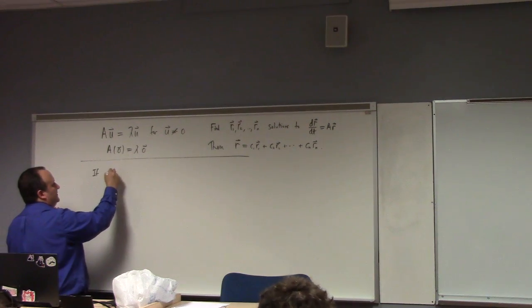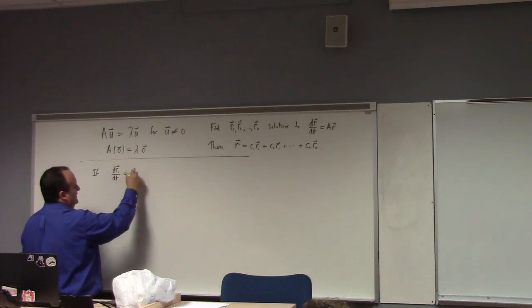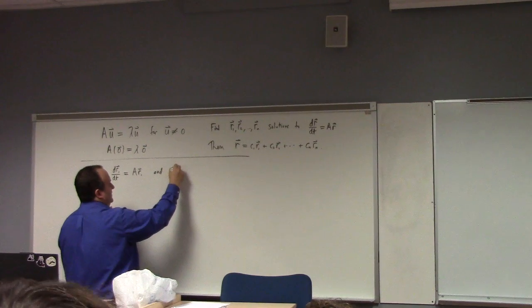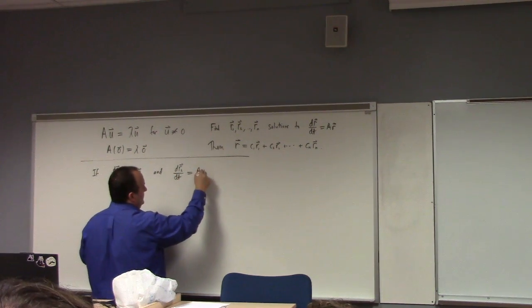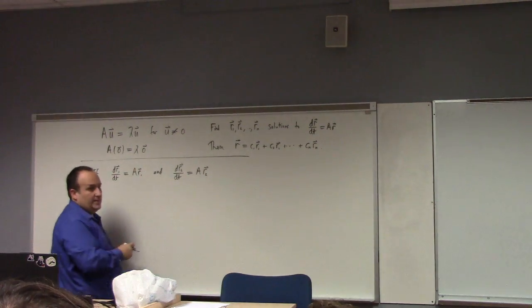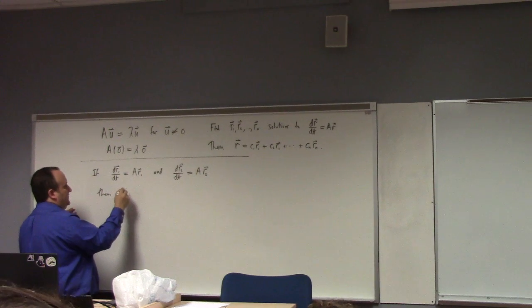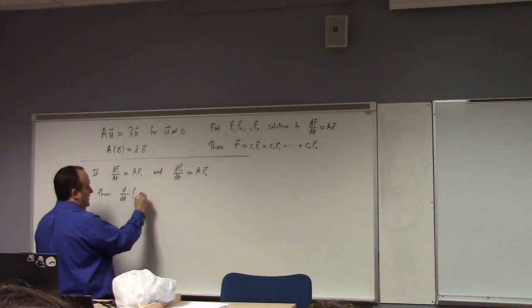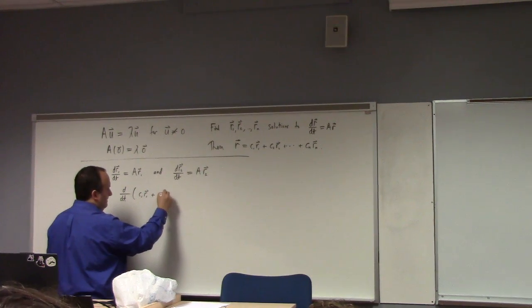So if we have dr1/dt equals A r1, right? And we have dr2/dt is equal to A r2, then if you look at d/dt of, say, c1 r1 plus c2 r2, what do you get?